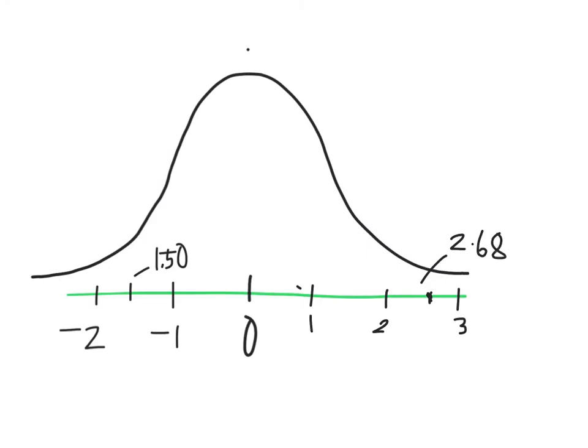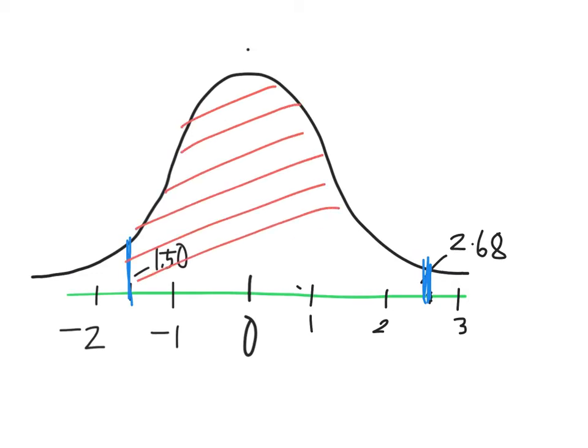Now the area that we want to find is the area bounded by these two numbers and the graph. So that's from negative 1.50 until 2.68. The area that we want to find is the part of the area under the graph and between negative 1.50 and 2.68.